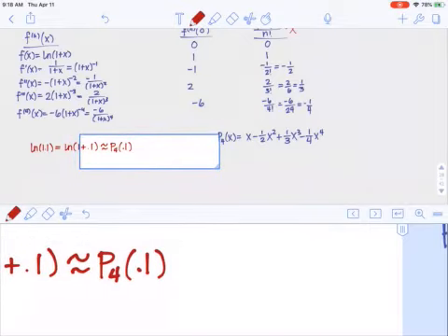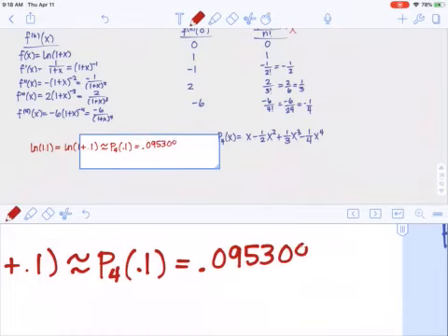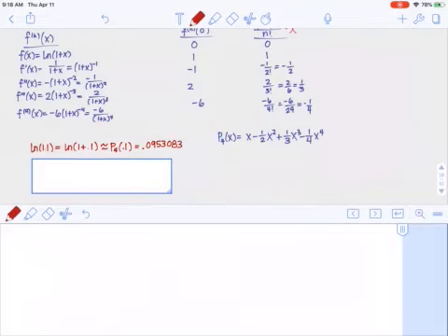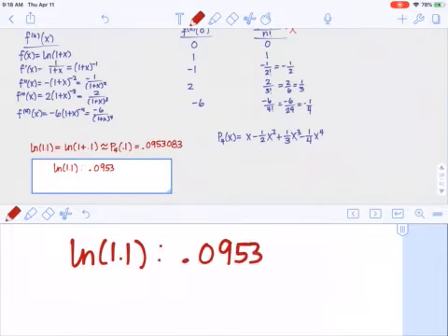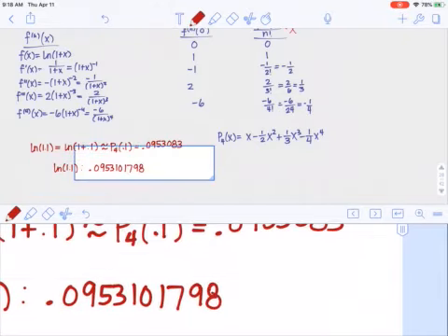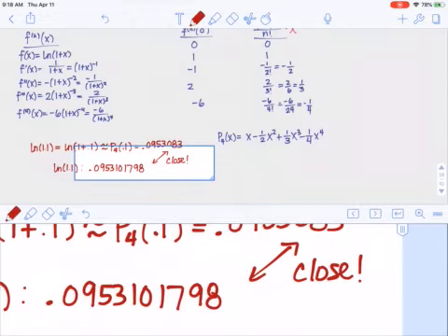If you do that, you should get approximately 0.0953083. If you just type natural log of 1.1 in your calculator, you get 0.09531011798. Comparing those, these are really close, right? So that means that fourth Maclaurin polynomial was a pretty good estimation.